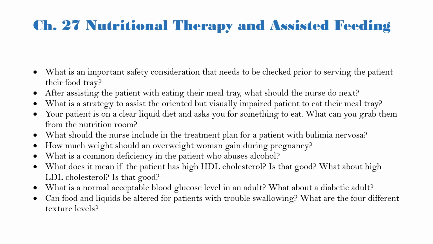What is a normal acceptable blood glucose level in an adult? What about a diabetic adult? You can find that information on page 499. The goal of nutritional patients with diabetes is to control the amount of carbohydrates in the blood glucose at a level of 70 to 120 milligrams per deciliter. And in a patient without diabetes, you would expect it to be below 100 for fasting.